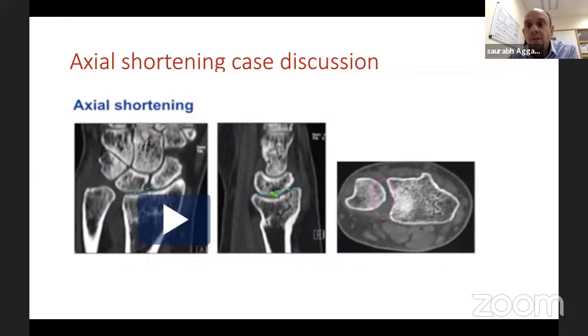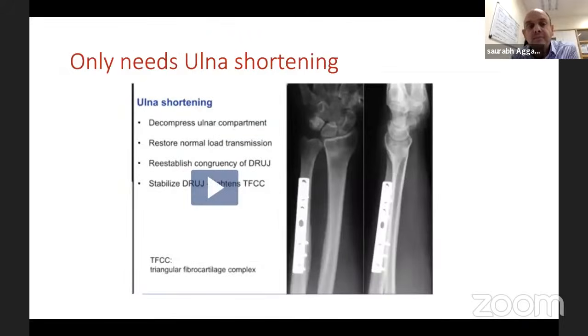Once you shorten the ulna and bring it out to the same length as the radius, your sigmoid notch will be okay because your inclination and volar tilt are okay and the patient will be fine. In this case, they've shortened the ulna and put a plate on, and you can now see they've restored the ulnar variance.